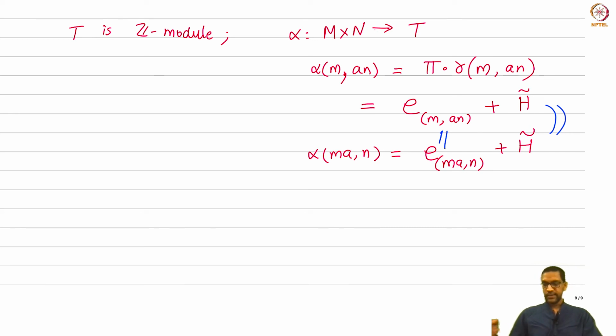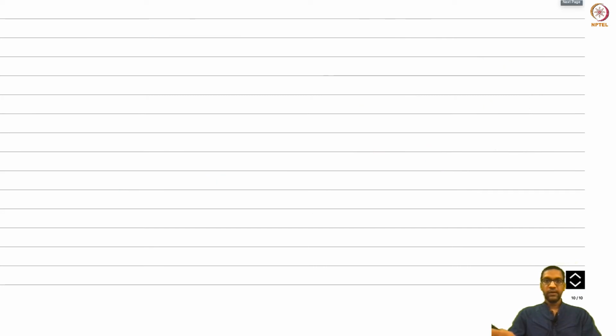The same sort of argument works for the other two axioms, so alpha is indeed R balanced. Now by the previous argument, we'll again show that this has the required universal property. So let's check that T comma alpha has the universal property.